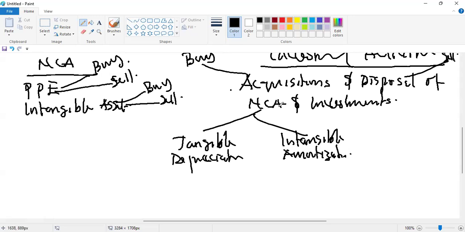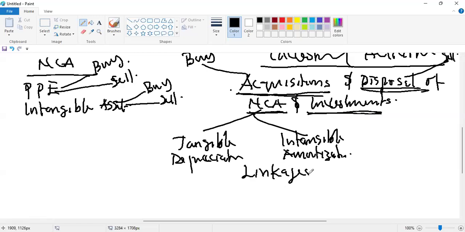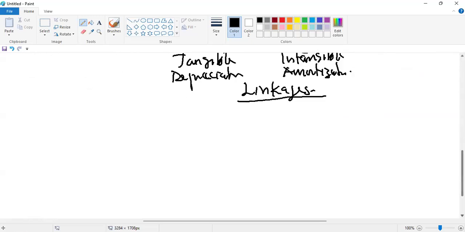Now, if they ask me what are the items under investing activities, I will say acquisition of non-current assets, disposal of non-current assets, acquisition of investments, disposal of investments, plus the linkages. What are those things that can link to investing activities? We have dividend received. So dividend received is an investing activity.